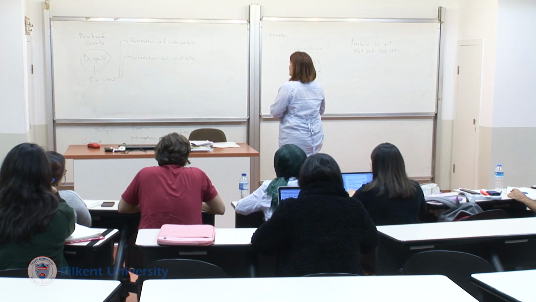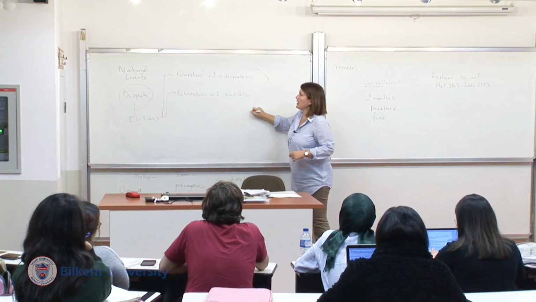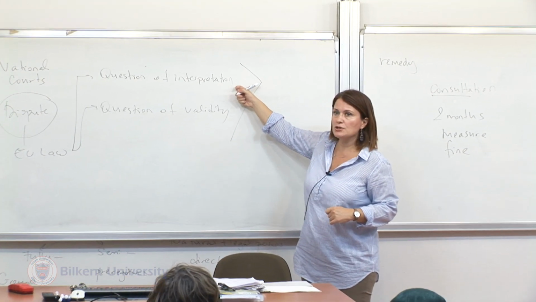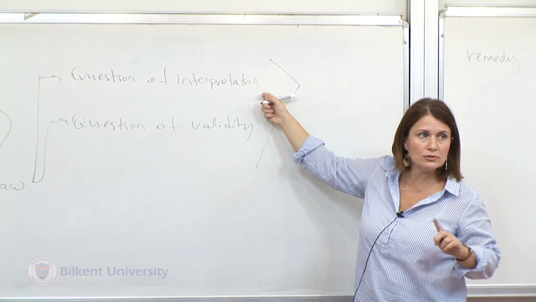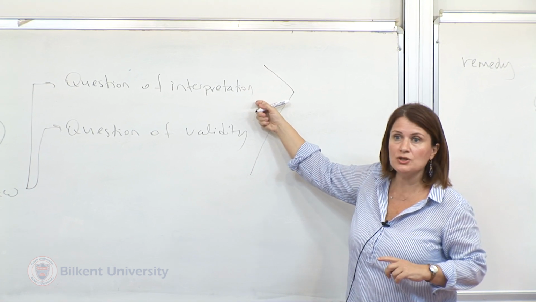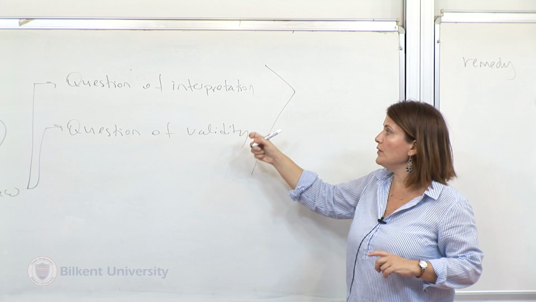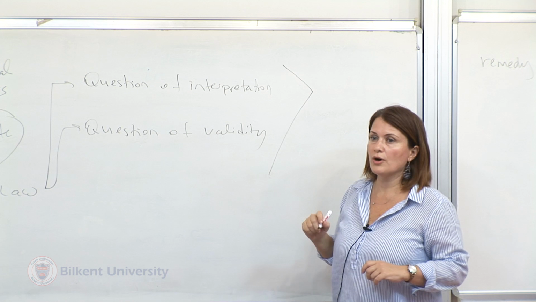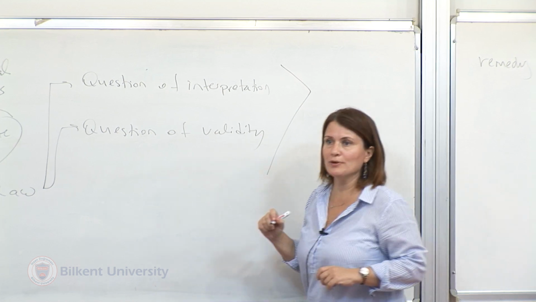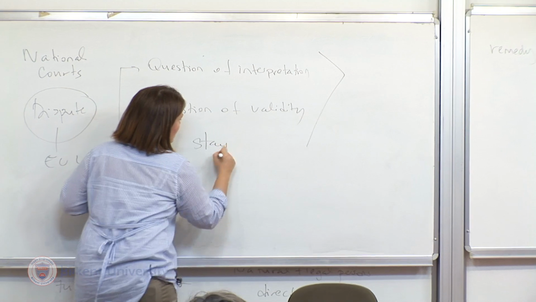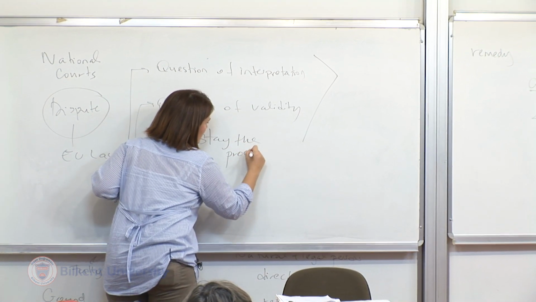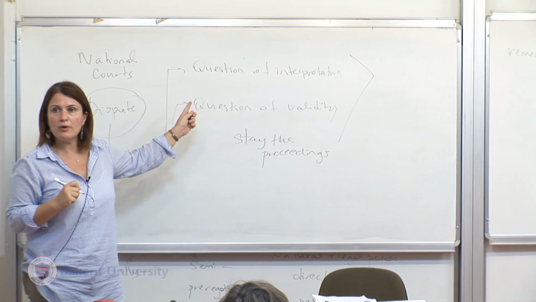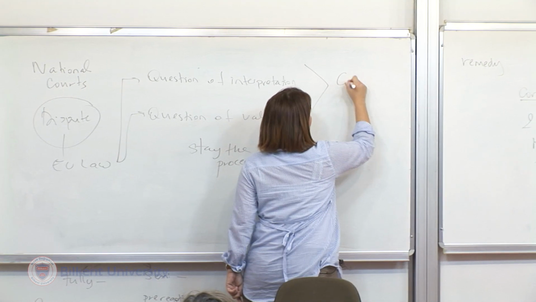So, in these two types of questions, both on the questions of interpretation of EU law, and not of national law, and on the questions of validity of EU law, the national court shall stay the proceedings and shall refer these questions to the Court of Justice.